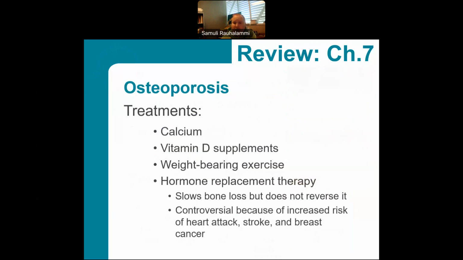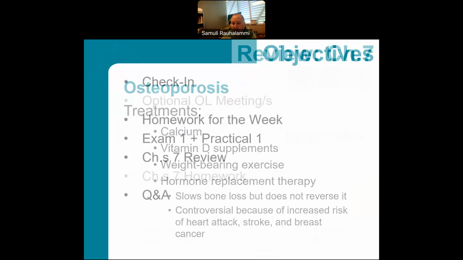We can treat osteoporosis to a certain amount, but really I would encourage patients always to build that strong skeleton rather than treating when issues arise. So getting a sufficient amount of calcium, vitamin D, putting some stress on your bones, but not so much that it damages them. And obviously in the case of postmenopausal females, that is one of the reasons why some opt for hormone replacement therapy as well, slowing down the bone loss.